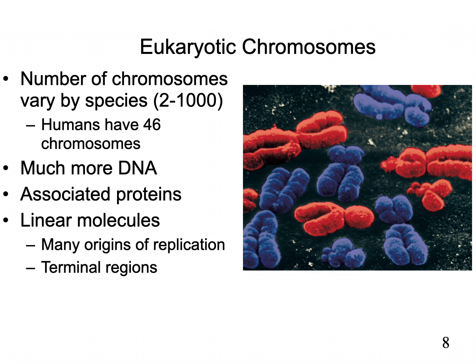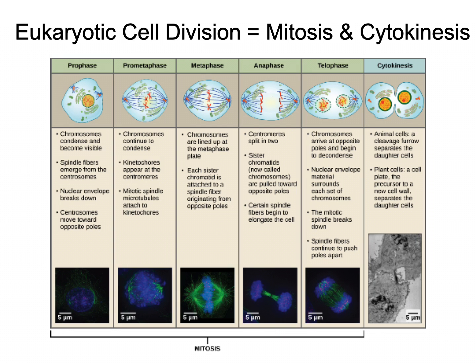So that takes us back to eukaryotic chromosomes: lots of DNA, many associated proteins. Some of those proteins we find in archaea, and these linear molecules are also somewhat found in archaea.